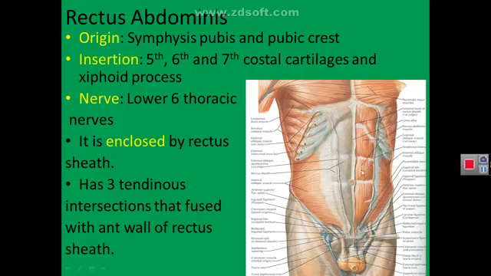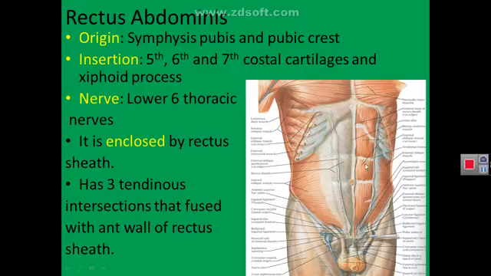Rectus abdominis muscle. Origin is from here, from the pubic symphysis and pubic crest. Insertion is into the 5, 6, 7 costal cartilages and into the xiphoid process. Rectus abdominis is surrounded by the aponeurosis of the external oblique, internal oblique, and transversus abdominis.